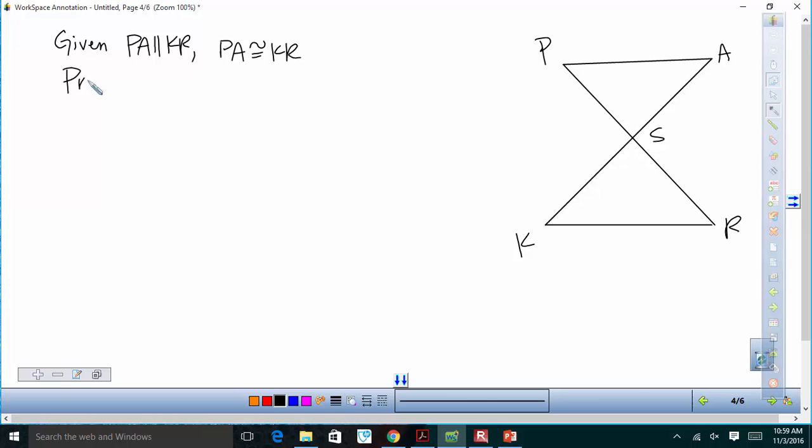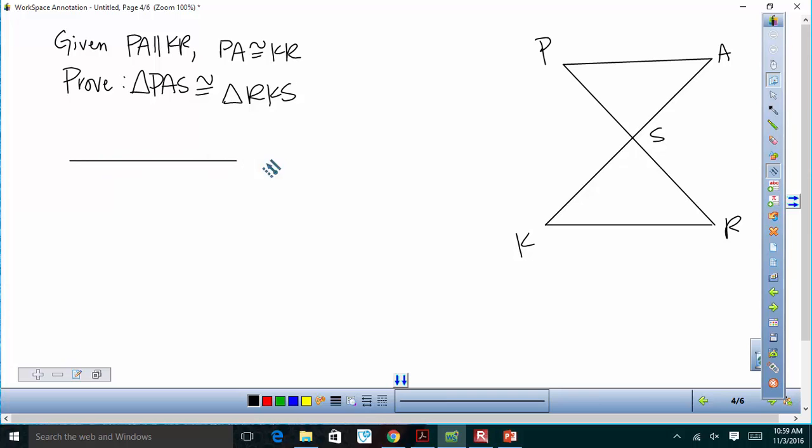And we want to prove that triangle PAS is congruent to triangle RKS. Okay, so first thing I want to do is draw my two-column chart. I'm going to label it statement, and reason.